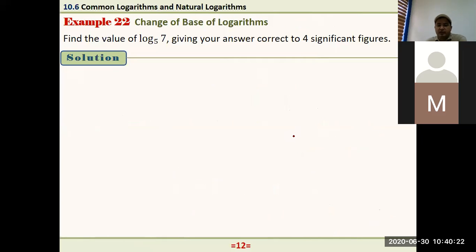Example for this, change of base of logarithms. Find the value of logarithm of 7 to the base 5, giving your answer correct to 4 significant figures. Okay, that means that here you may again wonder, actually we have a calculator, immediately we can just key in this thing and we can get the value of this thing.